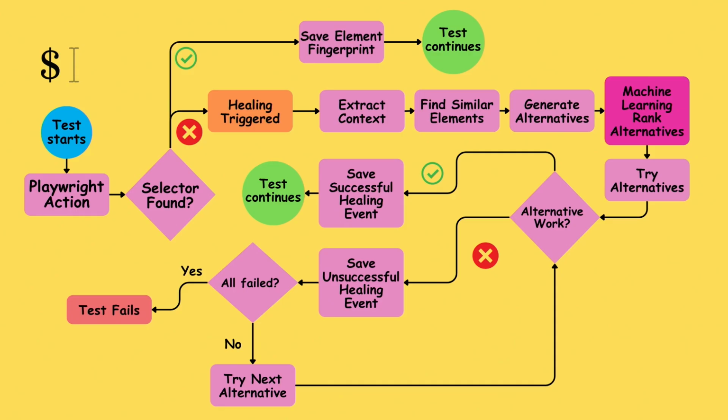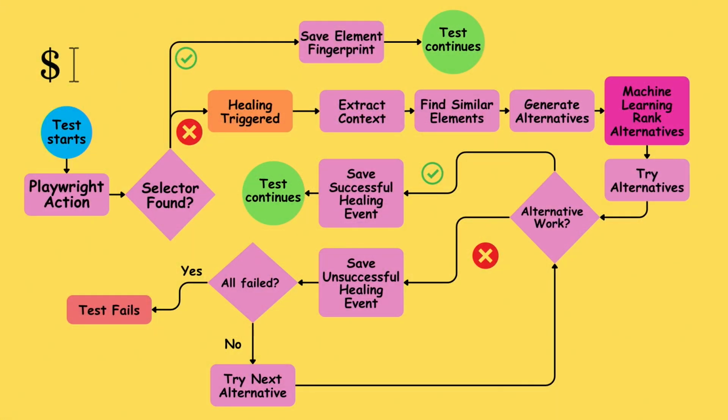After finding similar fingerprints, multiple alternatives are generated and sent to an endpoint, where they will be classified and ranked by confidence score, a number that expresses how likely they are to be a successful substitute. The healing system will iterate over the ranked alternatives and start to test them one by one.